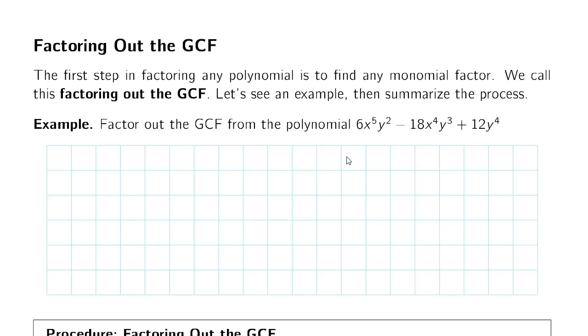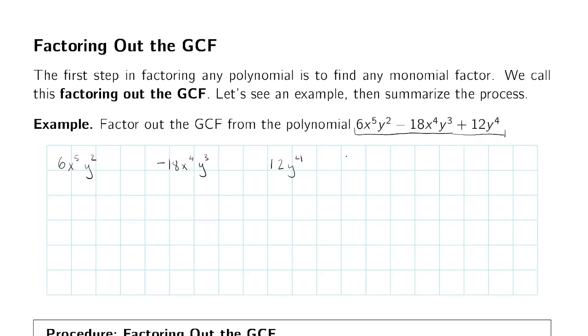So the terms of our given polynomial here, right? We have 6x to the fifth y squared minus 18x to the fourth y to the third plus 12y to the fourth. So I'm going to think of each of these monomials as its own thing for a moment.